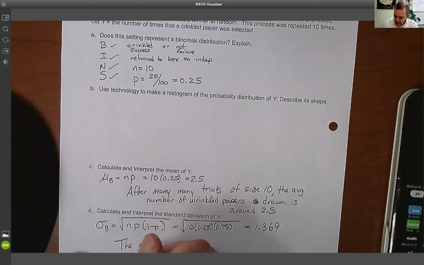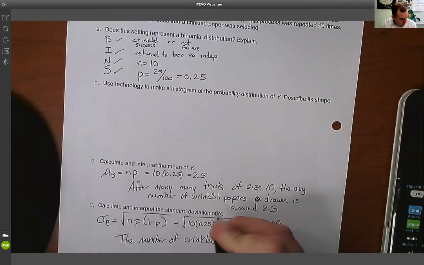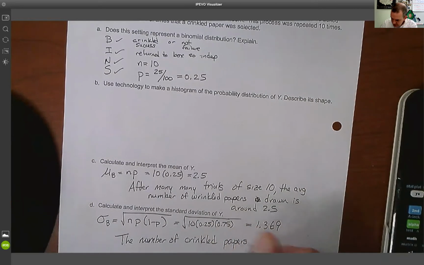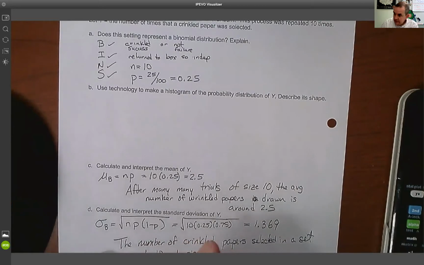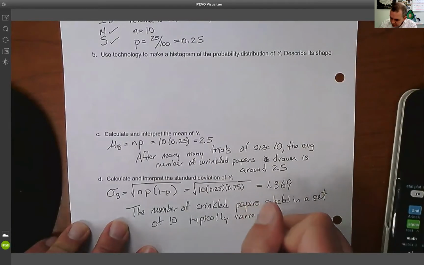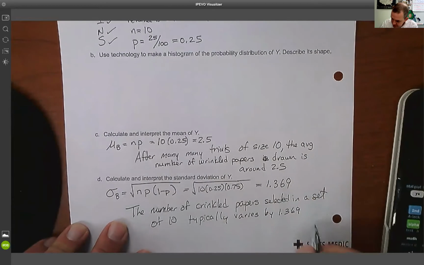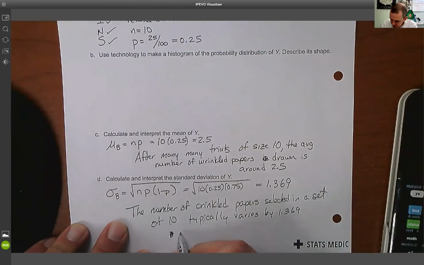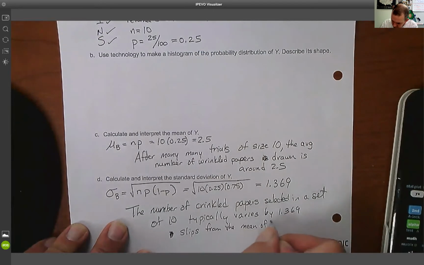The interpretation: the number of crinkled papers selected in a set of 10 typically varies by 1.369 pieces from the mean of 2.5.